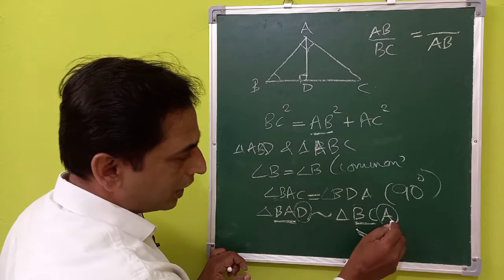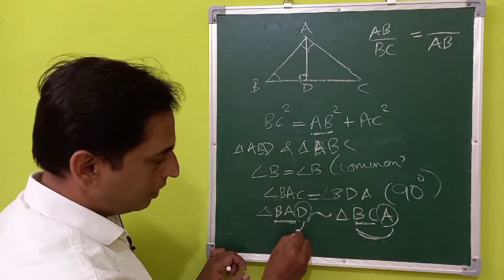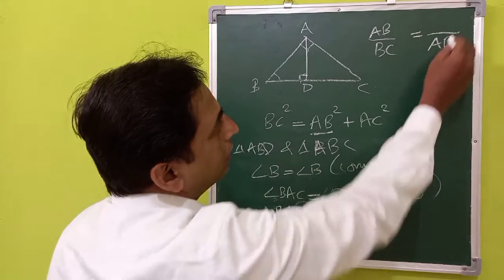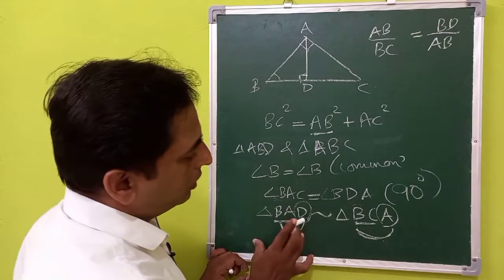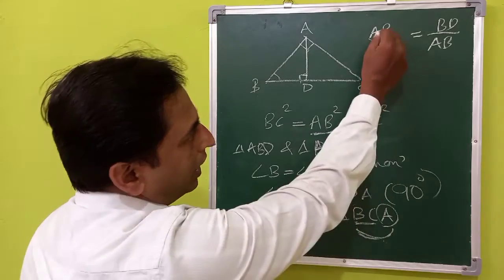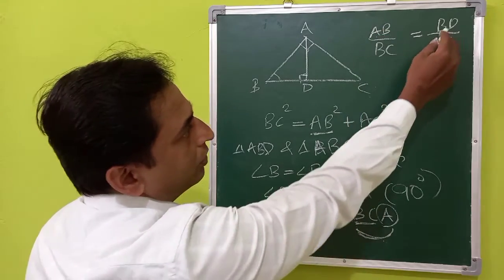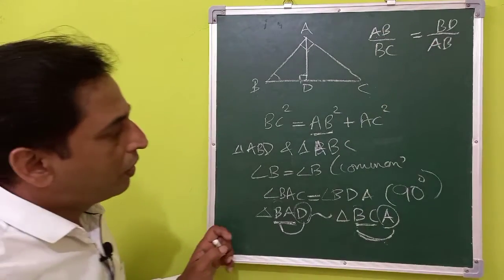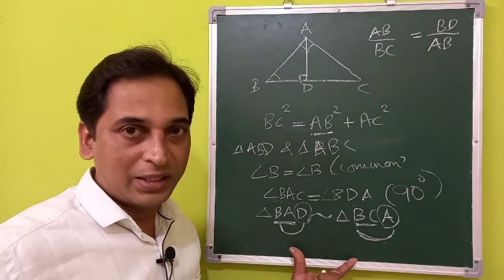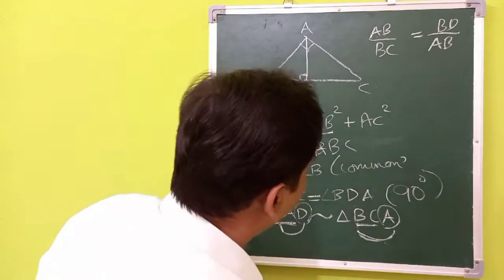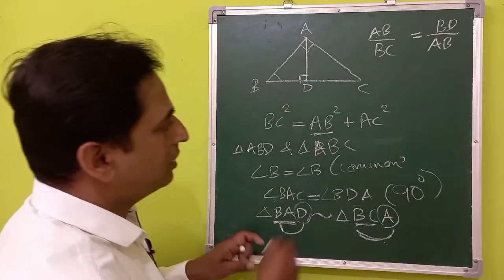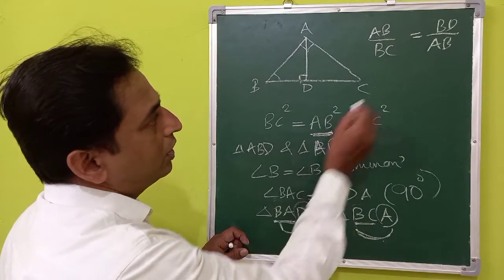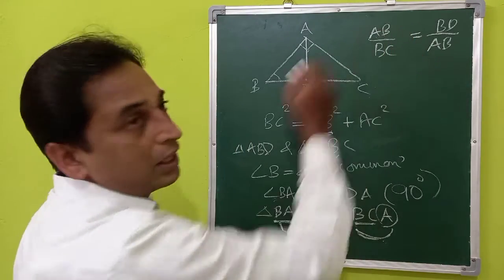So we should get the corresponding side of that from here. So this is BD. Now from these similar triangles we have got AB by BC is equal to BD by AB. So I will explain it once again and why we are writing this AB twice, because what we need is AB square. So if you multiply this you will get AB square.